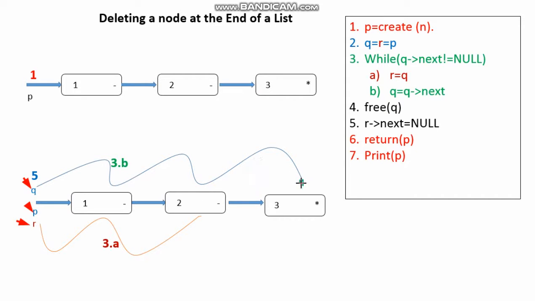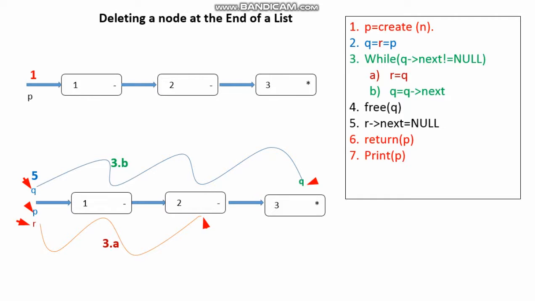So when Q has reached here, the loop stops. Q is on this particular node, while R is here. So using this, now I can delete this node, and I also have hold of my previous node.